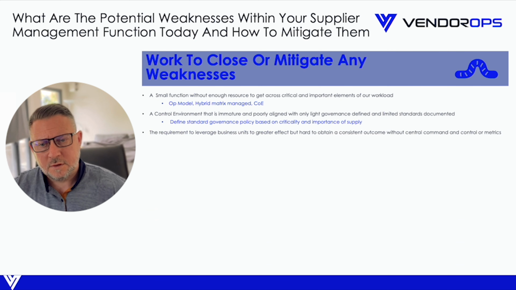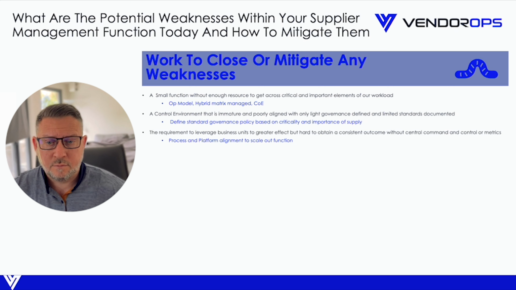Linked with the first point, there was a requirement to leverage the business units to greater effect, but it's hard to obtain a consistent outcome without central control, command or metrics. Once you've worked out your operating model and defined your standard governance and what those processes are, what processes do you mint into a digital platform to deploy out to help align the business units and scale the function better?